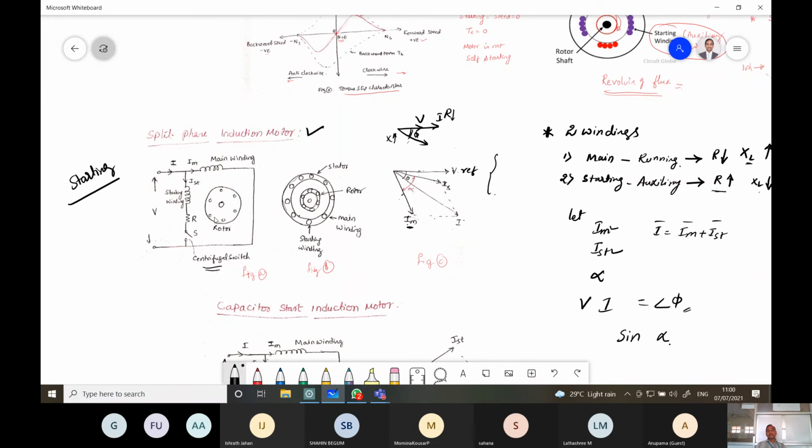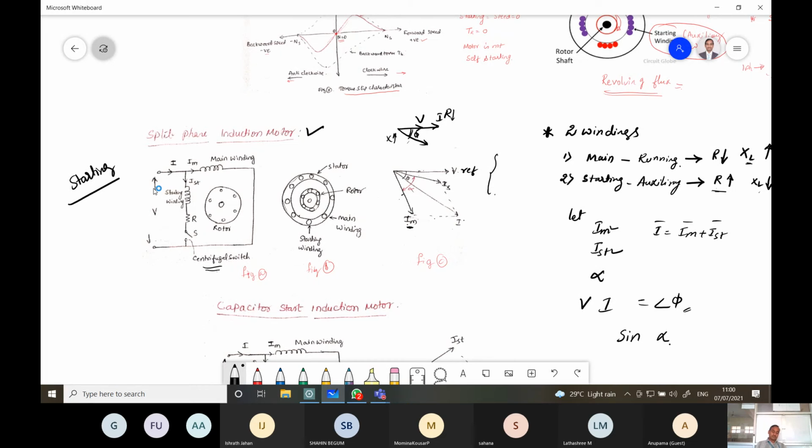So you will get the flux through the main winding itself. Hence this is called a centrifugal switch, an automatic switch that opens at the time of running. So the starting winding is connected only for starting purpose. This is the function of the centrifugal switch.